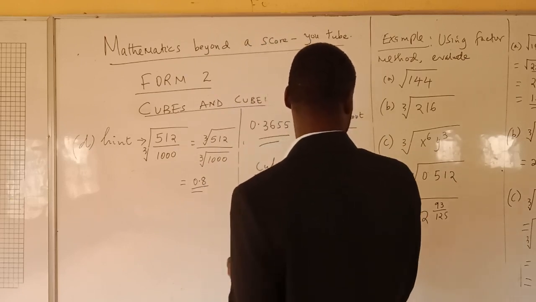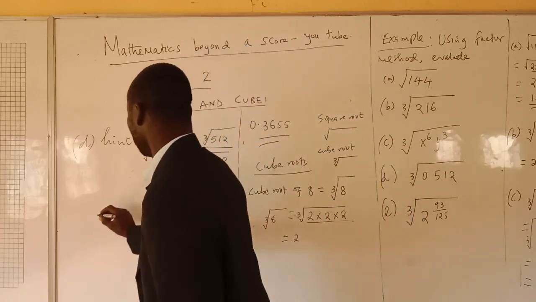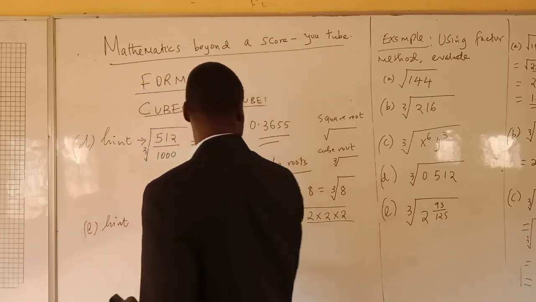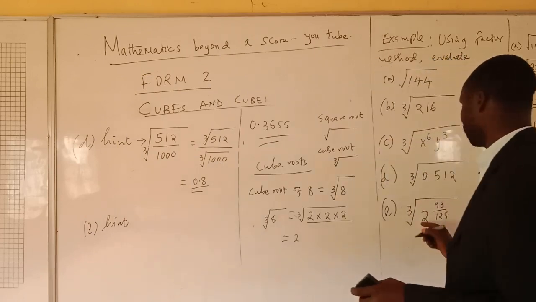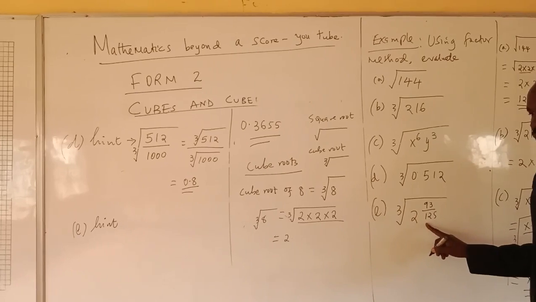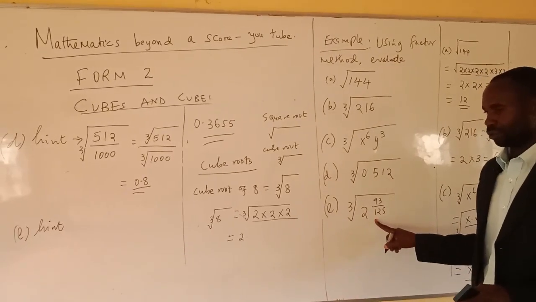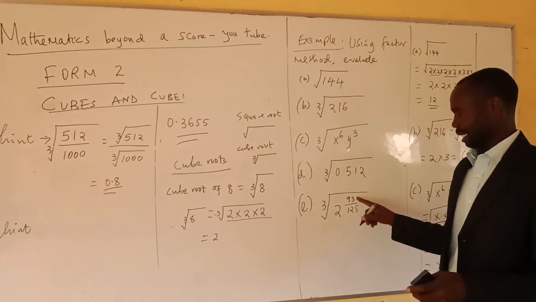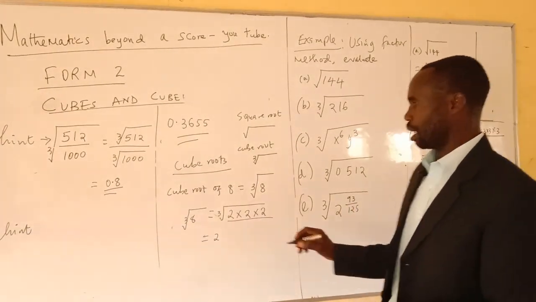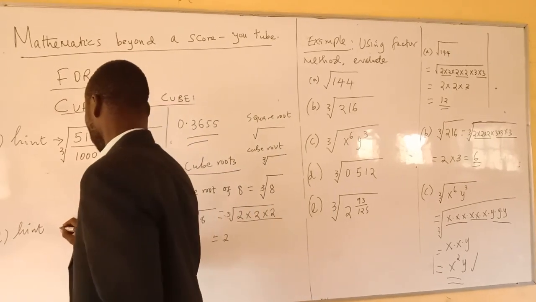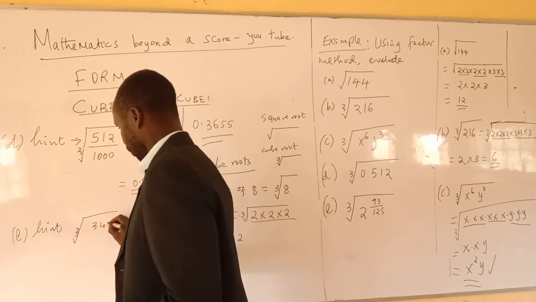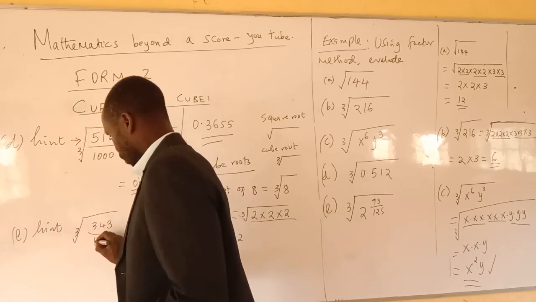Now, I want to do the last one. Part E, I also want to give a hint. You must make this one an improper fraction. The improper fraction is 2 multiplied by 125, plus 93. So you make it improper. The improper fraction of this is the cube root of 343 over 125.